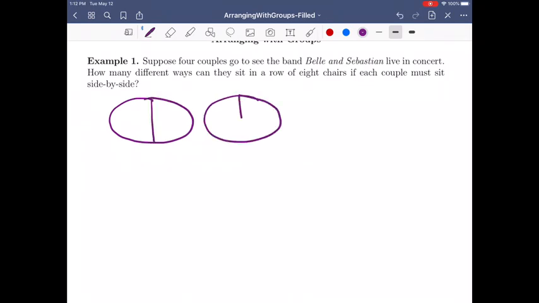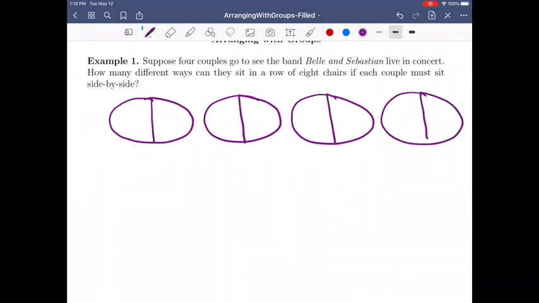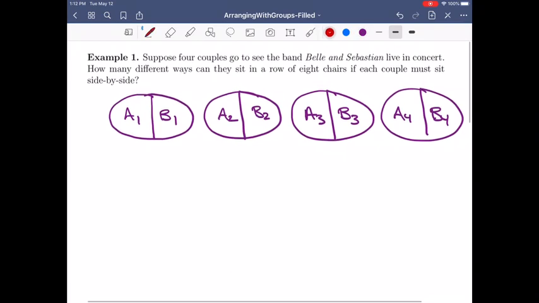Okay, so I have my 4 couples. I'm going to call them A1 and B1, A2, B2, A3, B3, A4, B4. So this is couple 1, 2, 3, and 4.